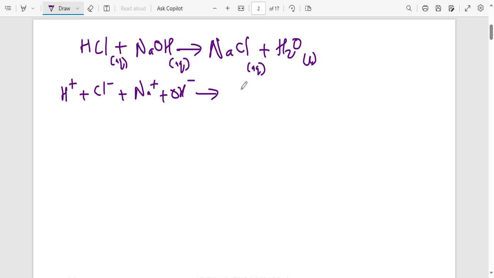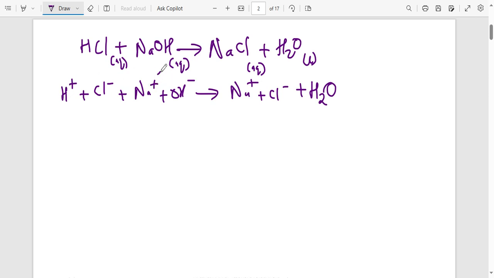And then on the product side, we are also going to have sodium ions and the chloride ions. Okay. And then water is a liquid, so we cannot break it. So we'll just write it the same way it has been given. You only break things which are in aqueous and also gases.